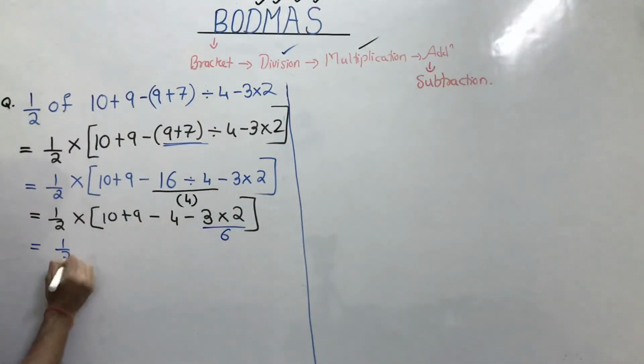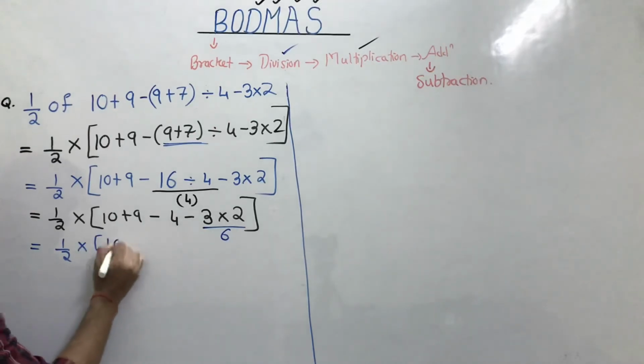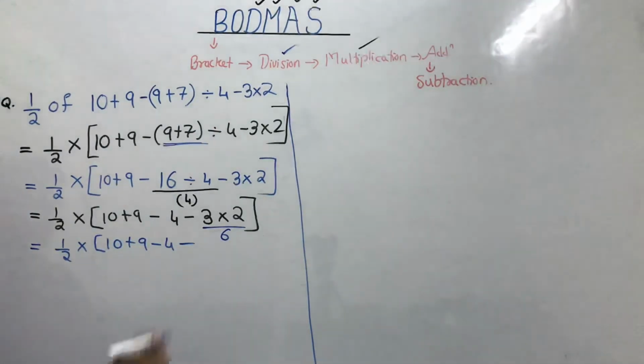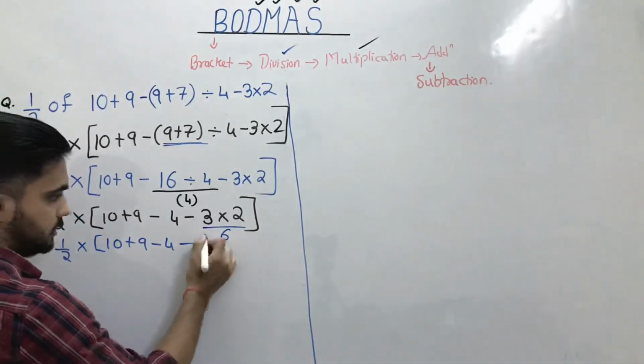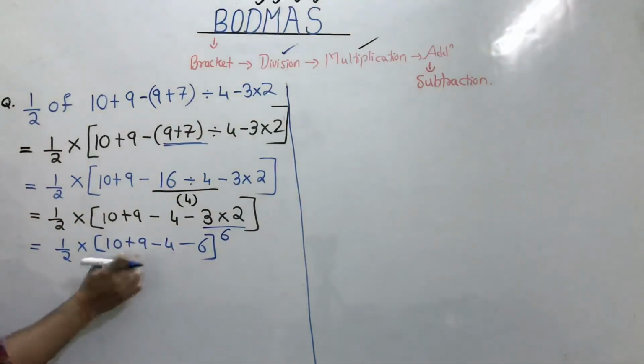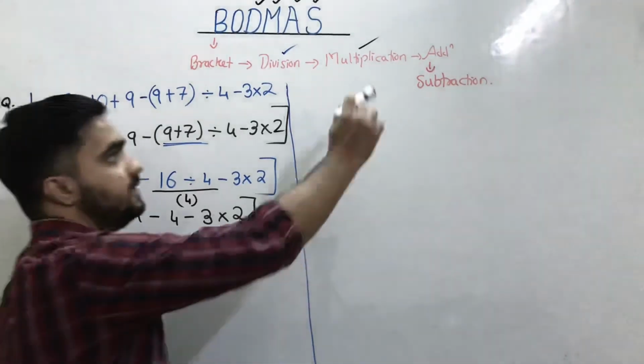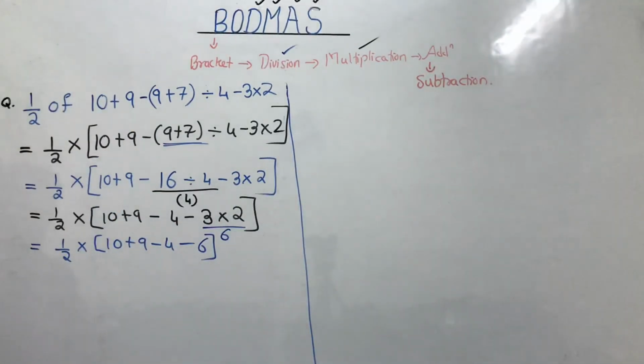So I'll write 1 by 2 as it is, 10 plus 9 minus 4, minus as it is, and here we'll have 6. Now you have addition and subtraction. So according to the rule, first is addition and then subtraction.